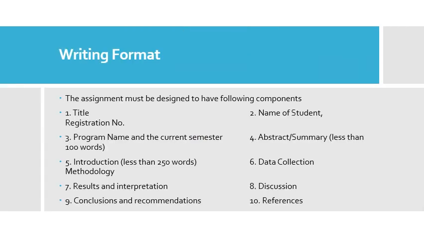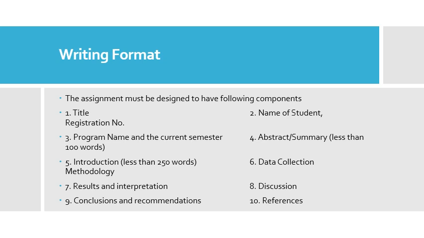The writing format of the assignments is according to the uniform format which is used in CUI, starting from the title, name of student, program name, and then abstract, moving toward the references of the assignment. It is the basic format which we will use.